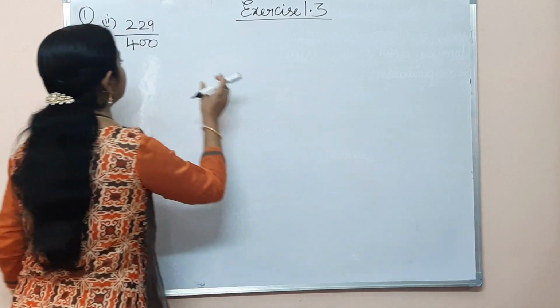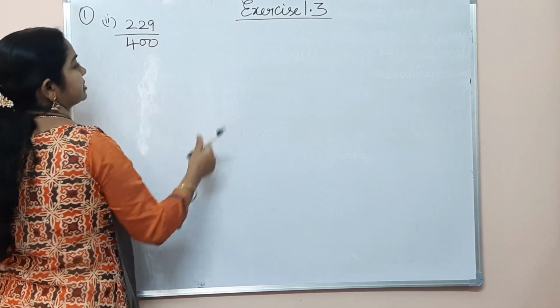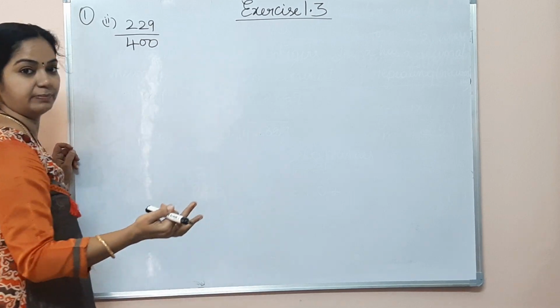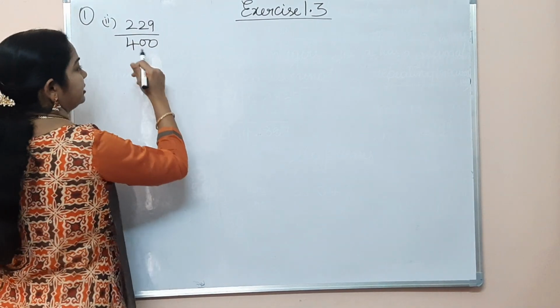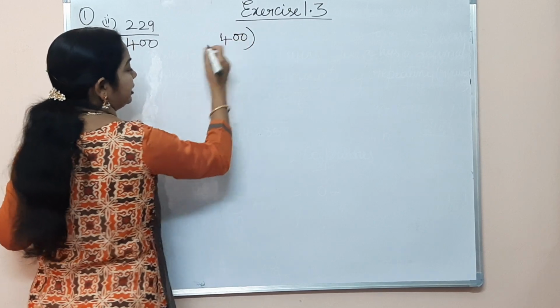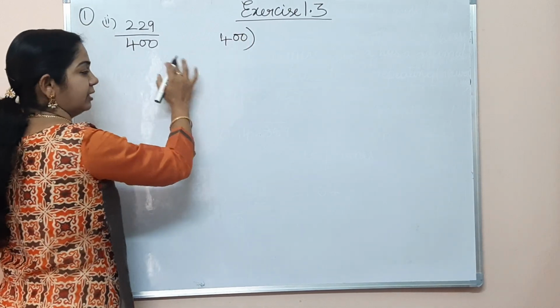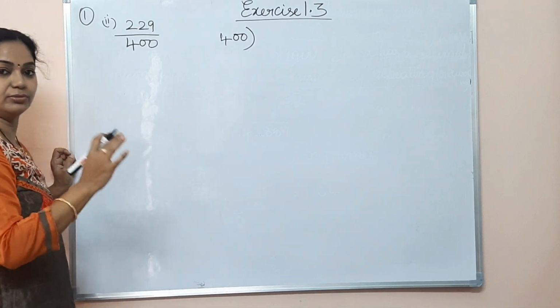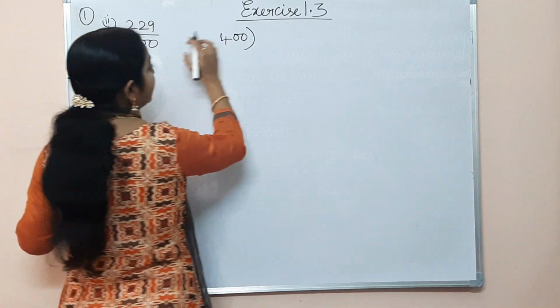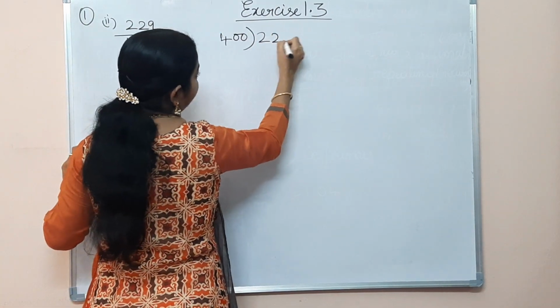They've asked us to write them in decimal form and mention which are terminating and which are non-terminating repeating. Just go directly through the actual division. Here we are not using the theorem because they did not mention it. If it were mentioned in the problem, 'do not do the actual division', then we would have to do the theorem part. Here we will go with the actual division.